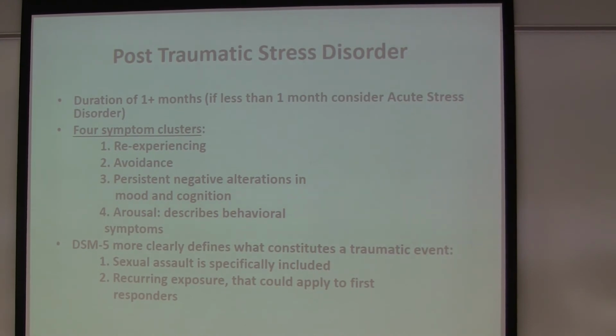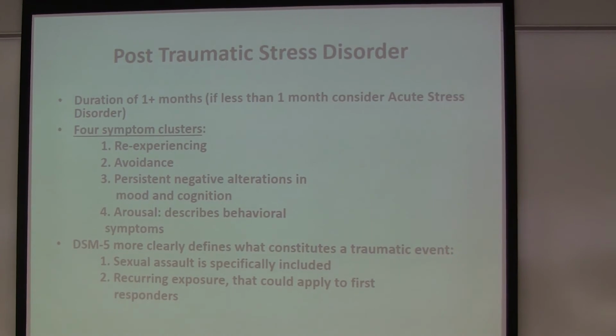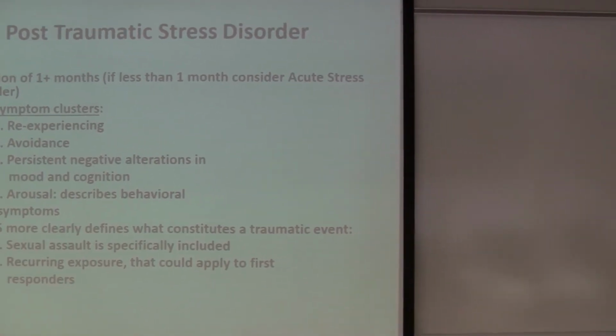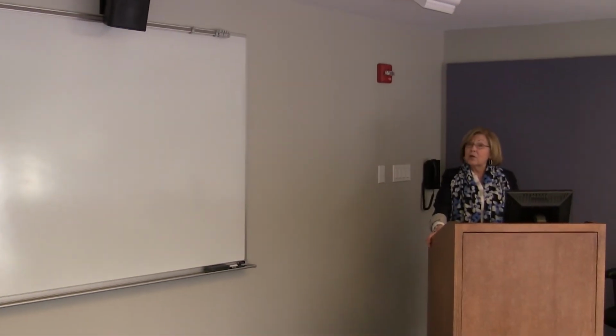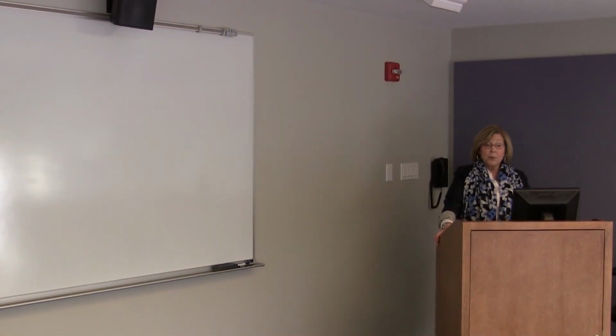There are 4 symptom clusters in post-traumatic stress disorder, and the first is re-experiencing the event, avoiding the traumatic event, or anything that reminds the person or triggers the person about the event that was traumatic or extremely stressful to them. Persistent negative alterations in mood and cognition. And arousal describes behavioral symptoms that go along with the diagnosis.